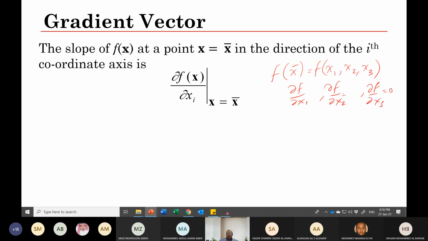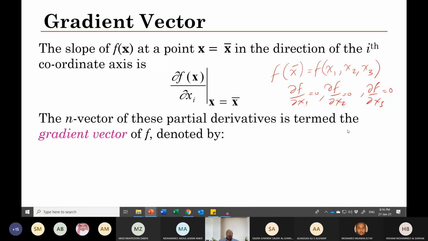If you set those equal to 0, you have 3 equations and 3 unknowns, x1, x2 and x3, so in principle you can solve them. The points where the first derivative is equal to 0 are the stationary points.